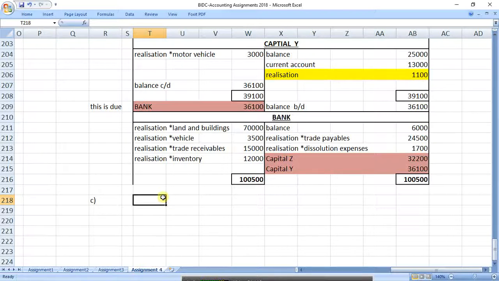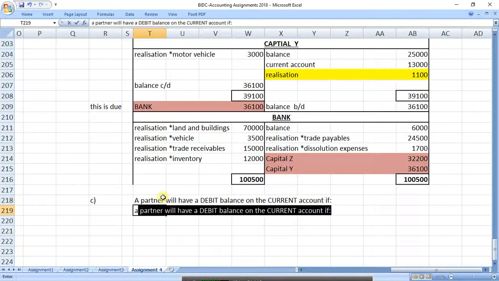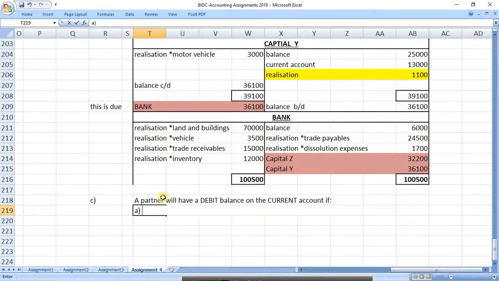Alright, so a partner will have a debit balance on the current account if, okay, what? You should know, think about it. Just wait. When would a current account for a partner be in an overdrawn position?